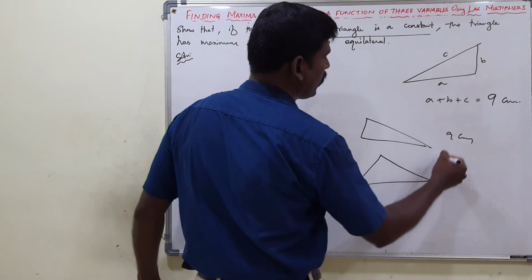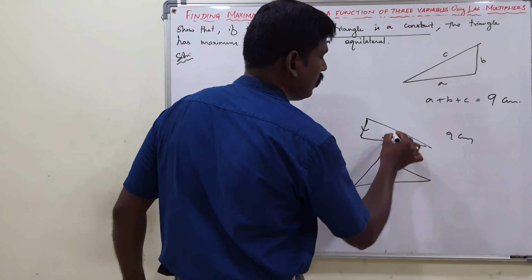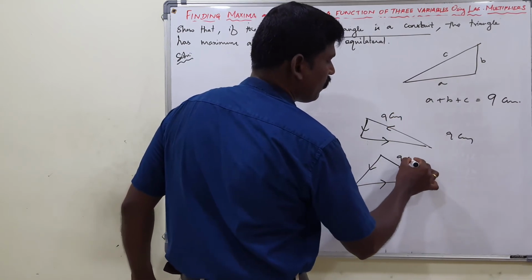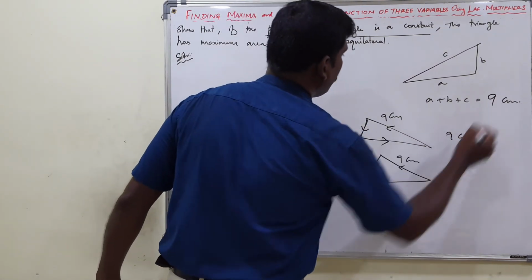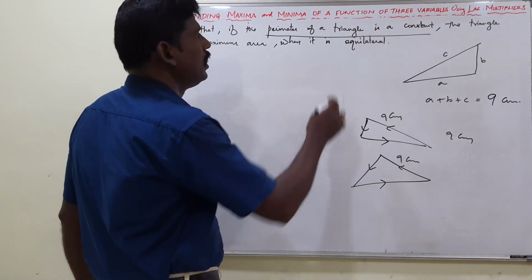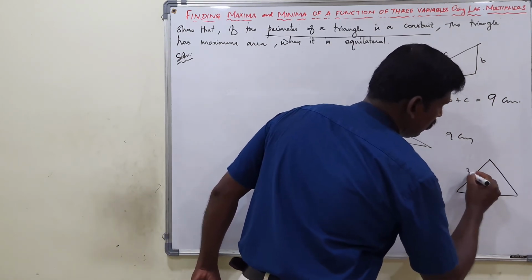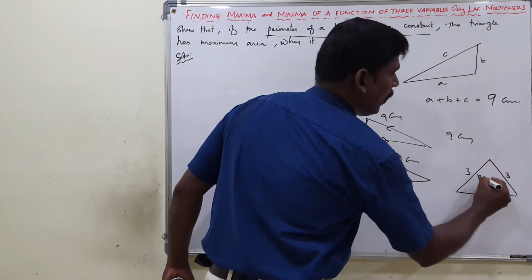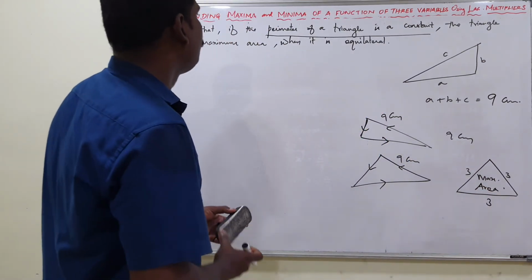Same like that, different types of triangle we can construct having the perimeter 9 centimeter. Among all these triangles, the equilateral triangle, that means all the sides are 3, 3, 3, has the maximum area. We want to prove it, okay, right?